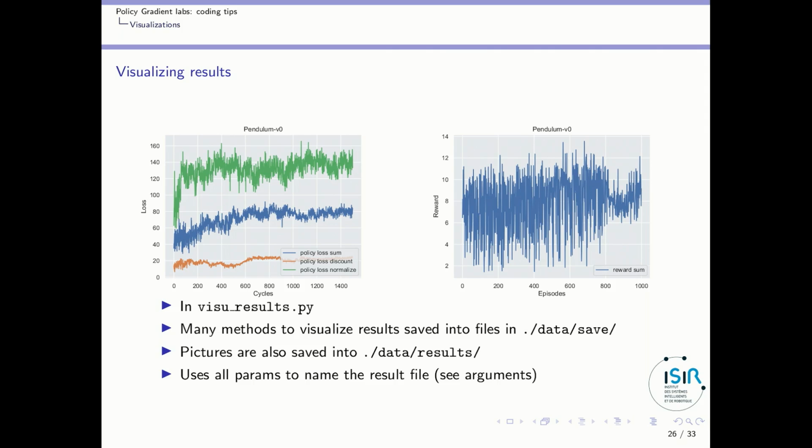An important point that I will explain later using the argument part is that those file names where I save the results are very, very long because they specify all the hyperparameters that were used to get the results from the run.